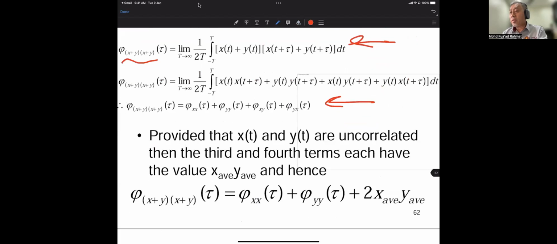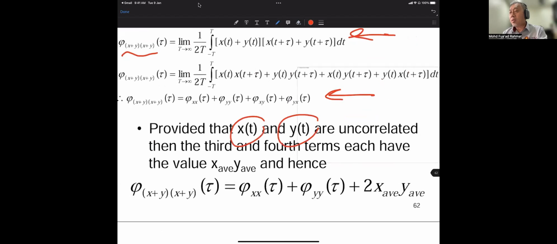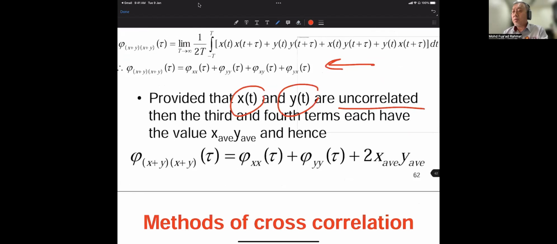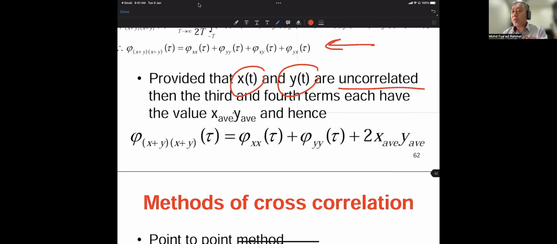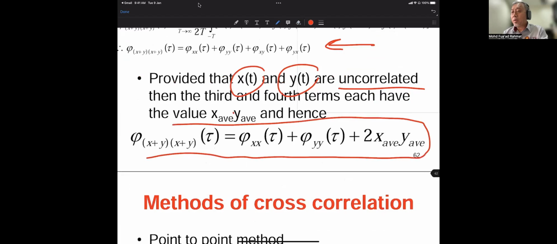Provided that x(t) and y(t) are uncorrelated, the third and fourth terms each have the value of x average multiplied by y average. This gives psi xx tau plus psi yy tau plus 2 x average y average. This is the ACF of x, this is the ACF of y, plus the cross correlation functions and the DC component.